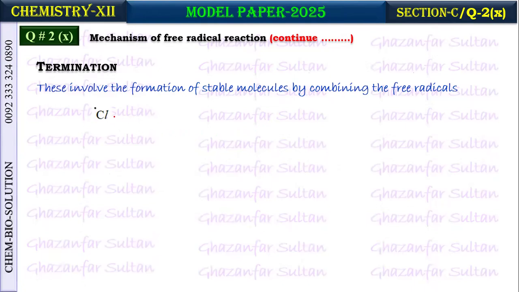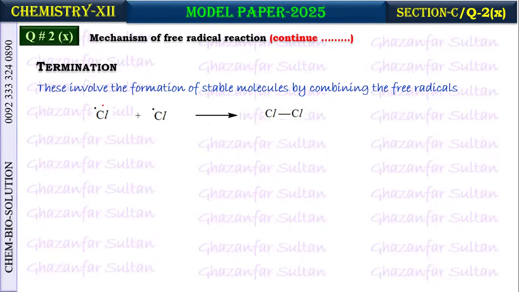When a free radical combines with a free radical, for example, if two chlorine free radicals combine together, they produce a chlorine molecule. We do not need to draw the arrow here because both are free radicals, or if you draw it, then no problem. Your marks will not be deducted, but the arrows should be correct.